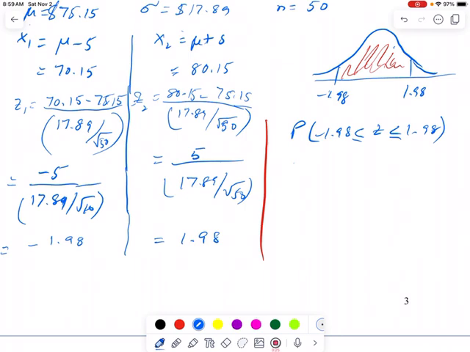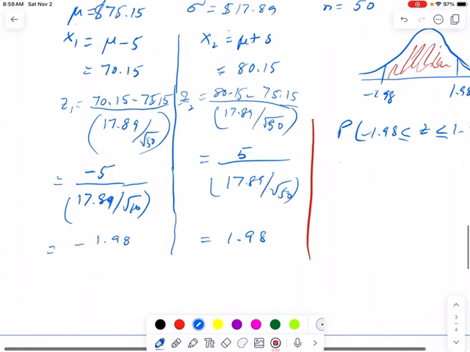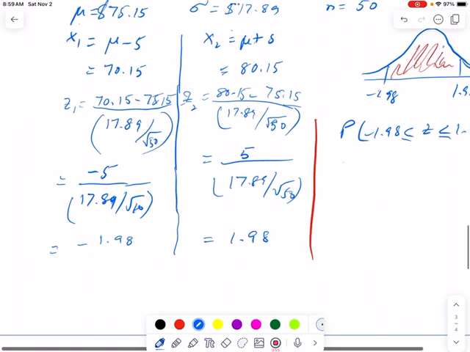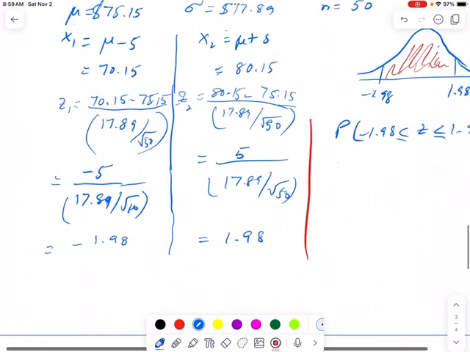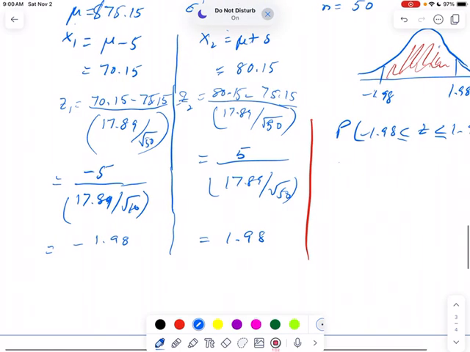Okay, 1.98. Okay, 1.9, and then I have to go to 8. 1.98.